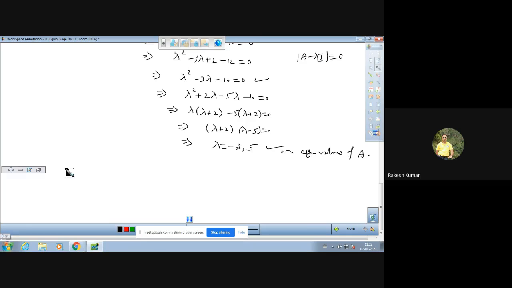Now let us find out the eigenvectors. First, we are taking the eigenvalue lambda equal to minus 2.